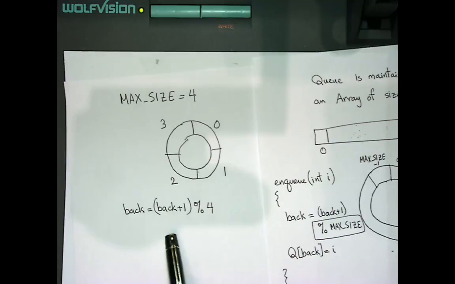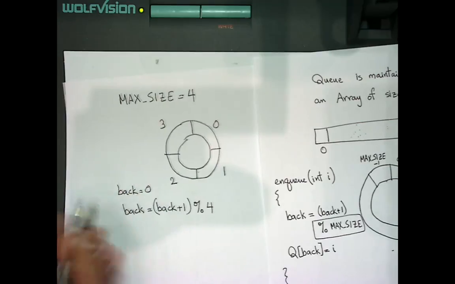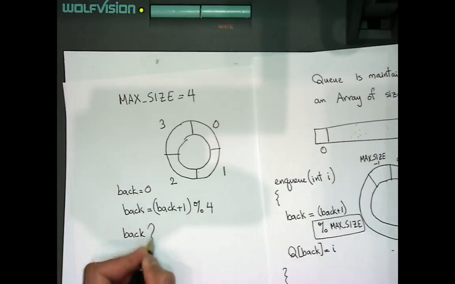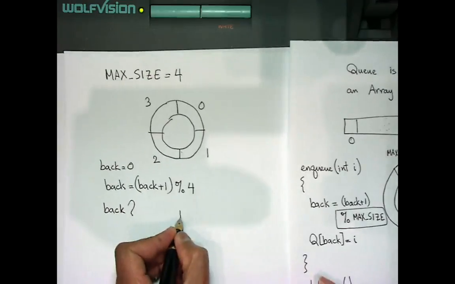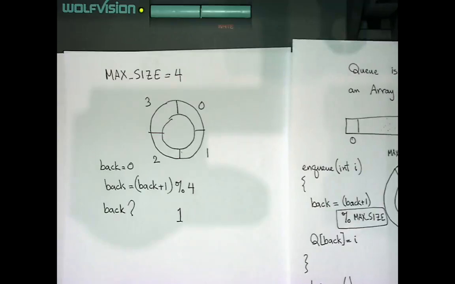So if back starts at 0, then what is back plus 1 percentage 4? So let's say back is equal to 0 first. So what is back now? 1, right? Because 1 divided by 4, the remainder is 1. If back is 1, then what is back plus 1 percentage 4? 2. And if back is 2, it goes to 3.